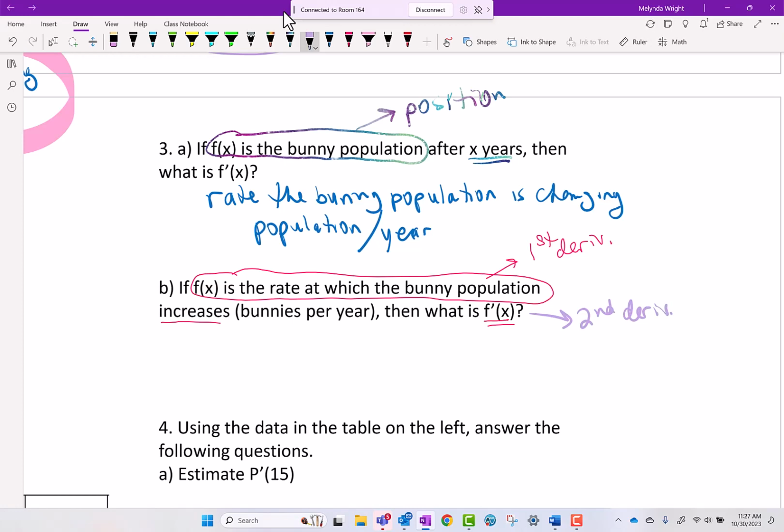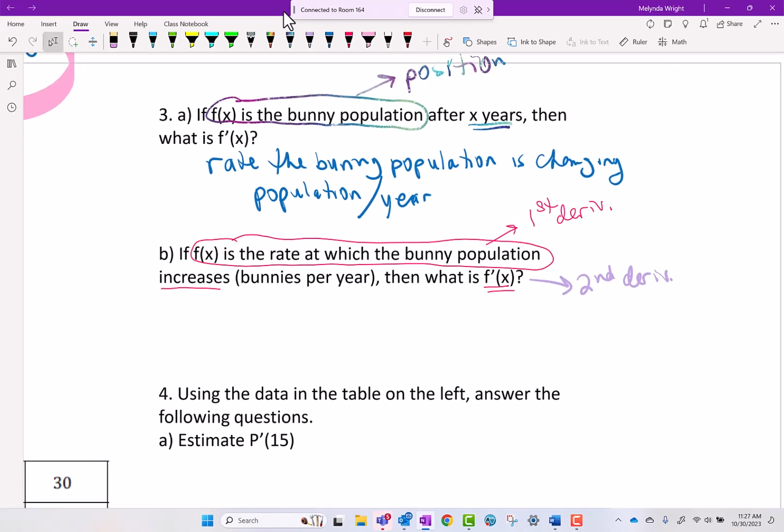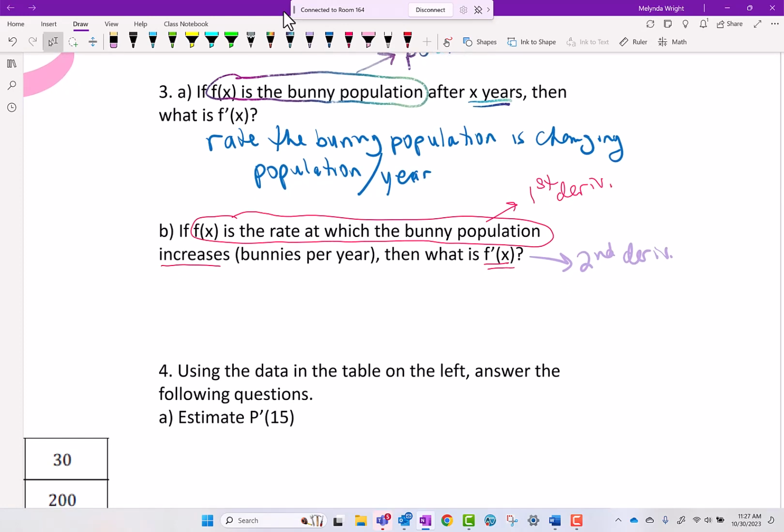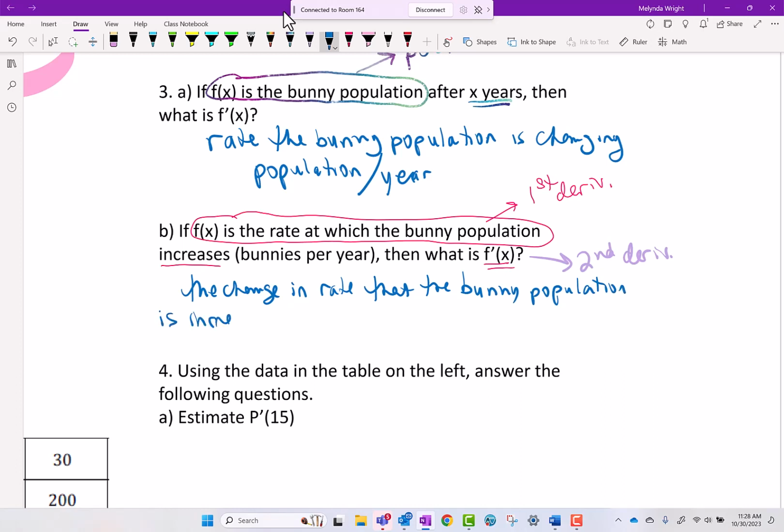So let's put that in words. F prime would be the change in the rate that the bunny population is increasing. And we need our units, right?